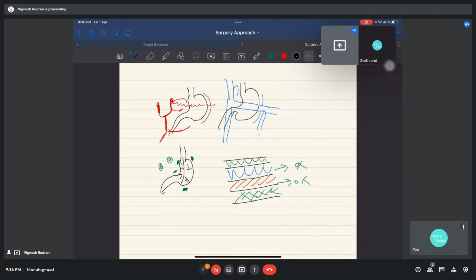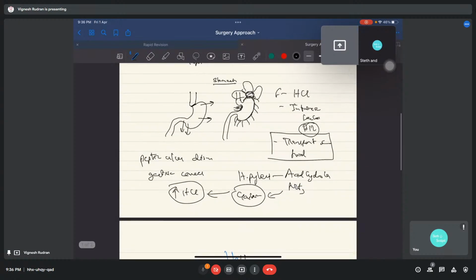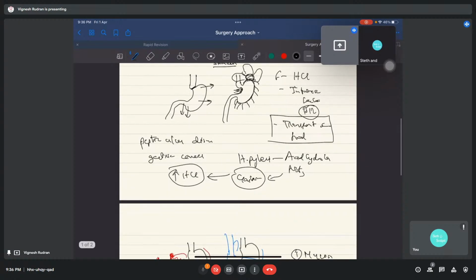That is peptic ulcer disease. Okay, so there are some protective factors, like one, your mucosa. Mucosa will secrete mucus, so that is one protective mechanism. And then there are some 2-3 more mechanisms which I'm not able to recollect right now.